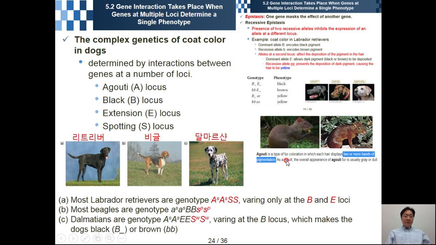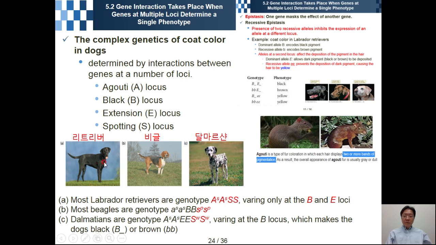Agouti is a type of fur coloration in which each hair displays two or multiple bands of pigmentation. For example, this hair has multiple bands: this region is white, this region is brown, and this region is also white. So this is recorded as agouti.